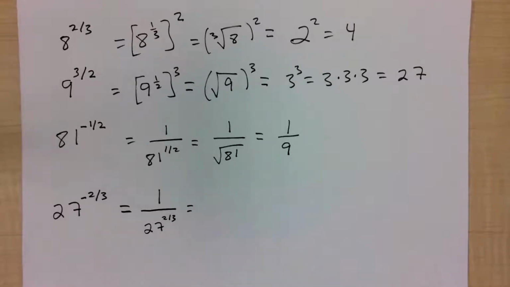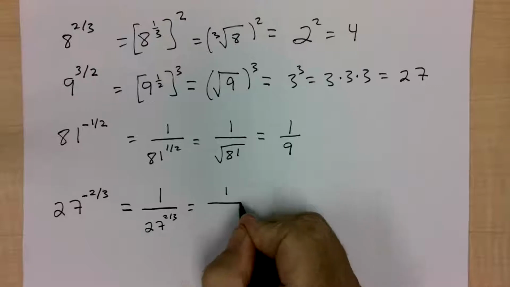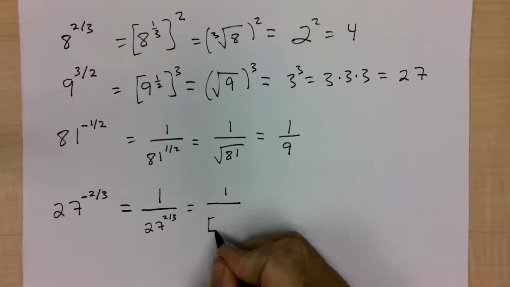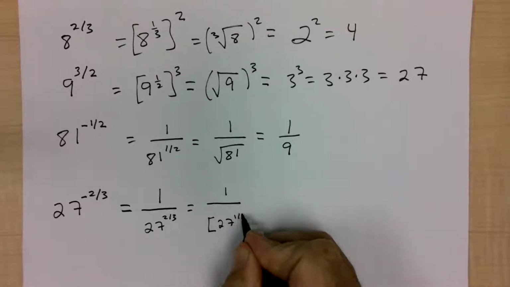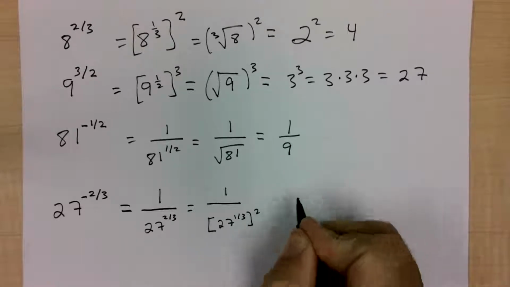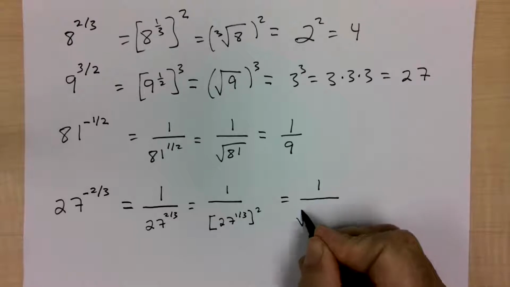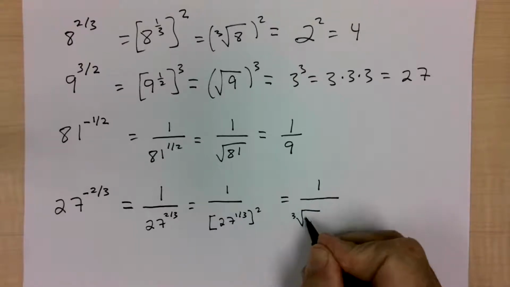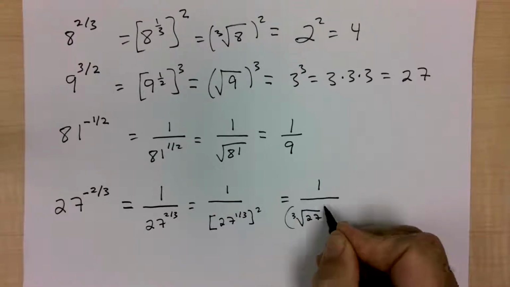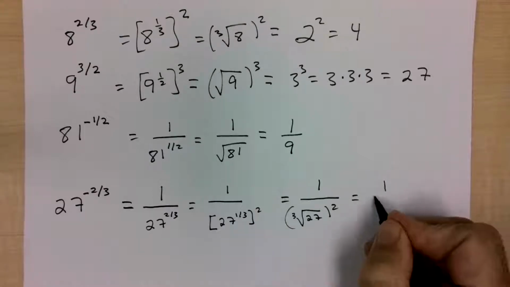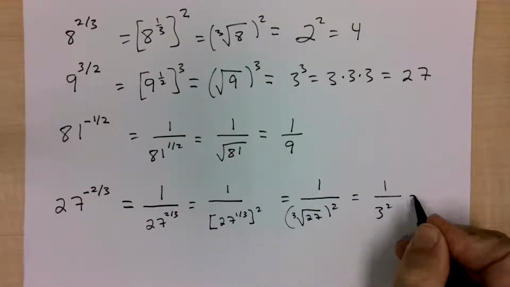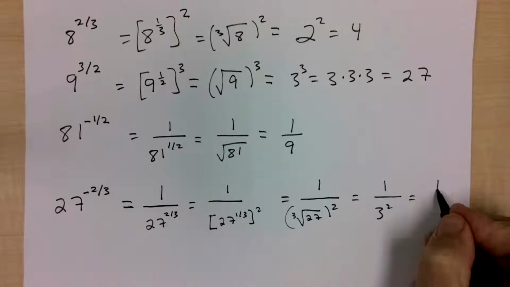We need to think about what this means. 1 over 27 to the 1/3 raised to the 2nd power, which is 1 over the cube root of 27 raised to the 2nd power. 1 over 3 to the 2nd power, which is 1/9.